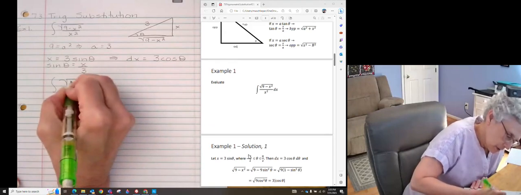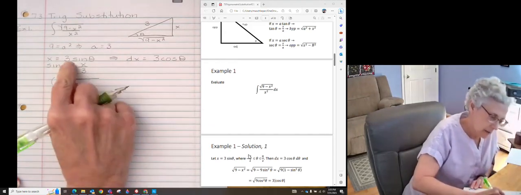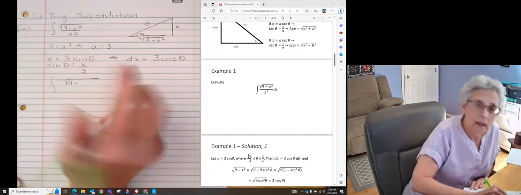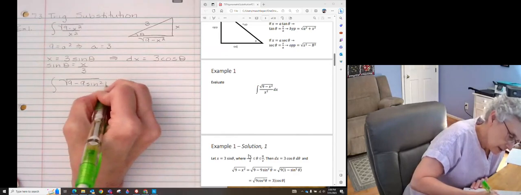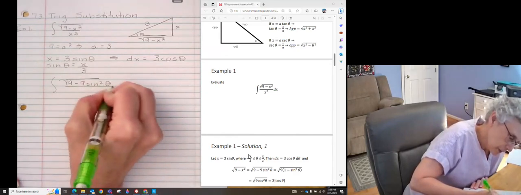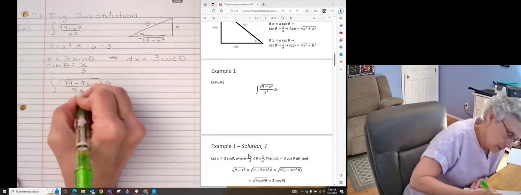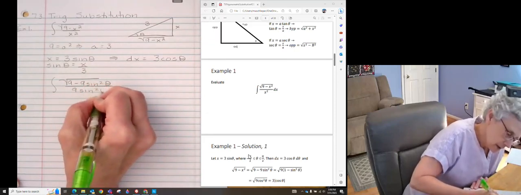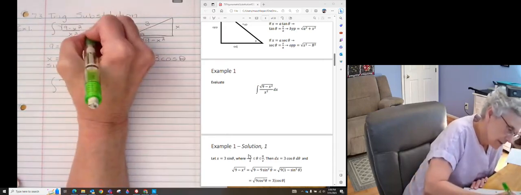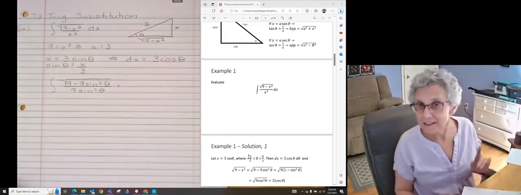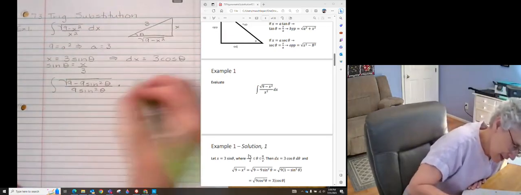We have the square root of 9 minus x squared, and x squared would be 9 sine squared theta, times dx. Don't leave your dx off.